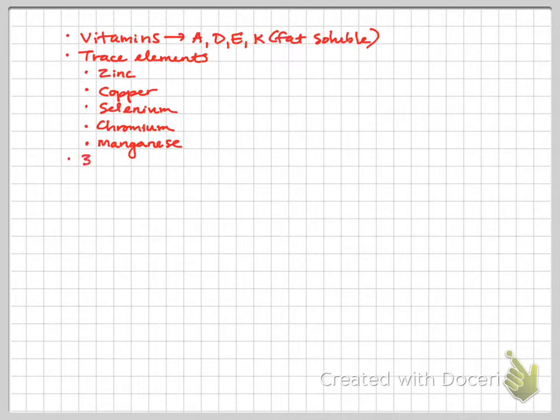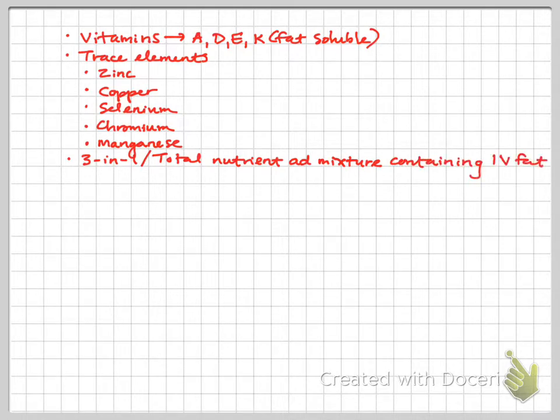These 3-in-1 or total nutrient admixture containing IV fat emulsion, dextrose, as we had mentioned, and amino acids is widely used.